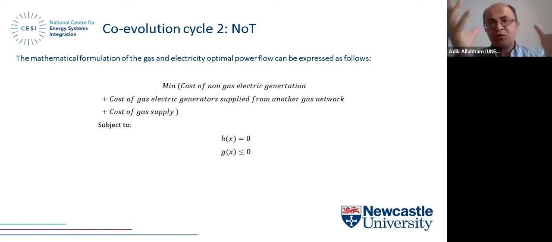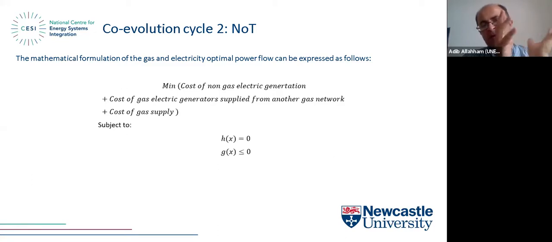But with this huge regional network, we upgrade our model to consider gas and electricity optimal power flow, for sure, with the objective function to minimize the cost, including gas electric generation, cost of electric generator supplied from another gas network, not from the local networks in North of Tyne, and cost of gas supply.